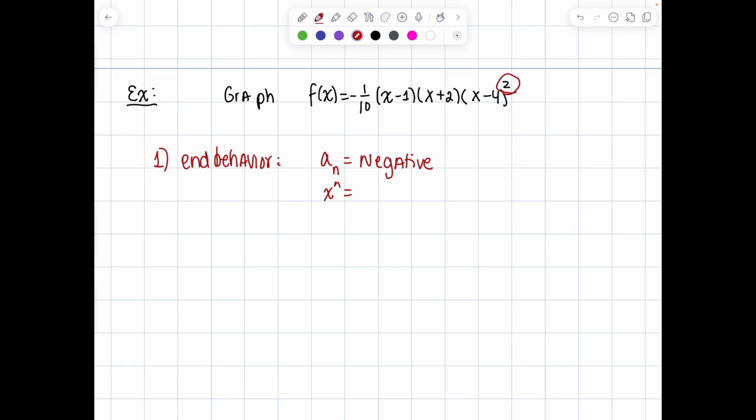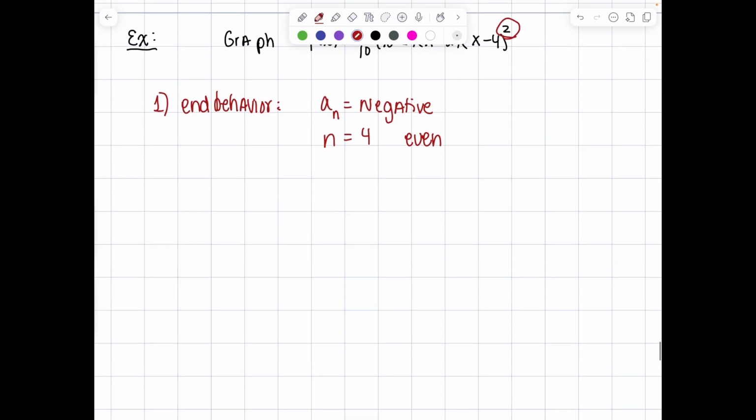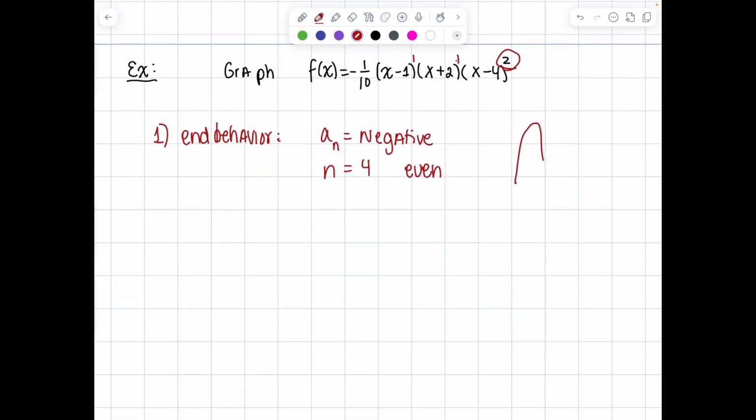I have a 2, I have a 1, this is technically 1, and this is technically 1. So 2, 3, 4, this is 4. So n equals 4. Our highest power is 4, which is even. Since it's negative and even, it's going to look like this: right down, left down. Okay, that's what we have.